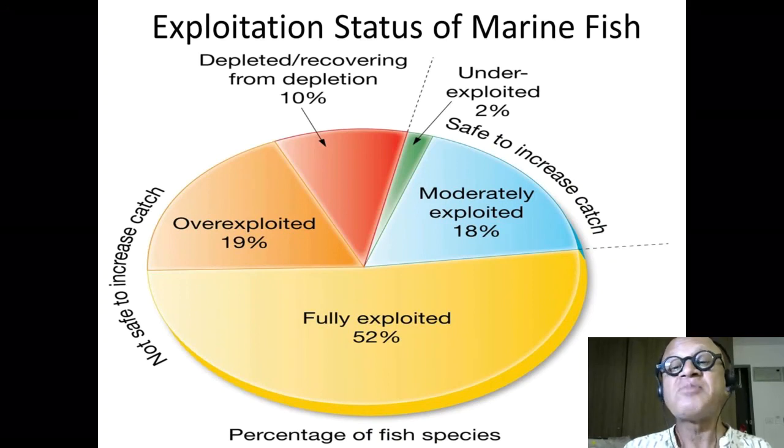Okay, only about 2% are underexploited. There are lots of other issues. For example, dynamites are used to blow up the corals to make the fish come out, which is really deadly because you're completely destroying the habitat of the fish that live in the coral. Right? That's not very smart. So moderately exploited is only 18%.